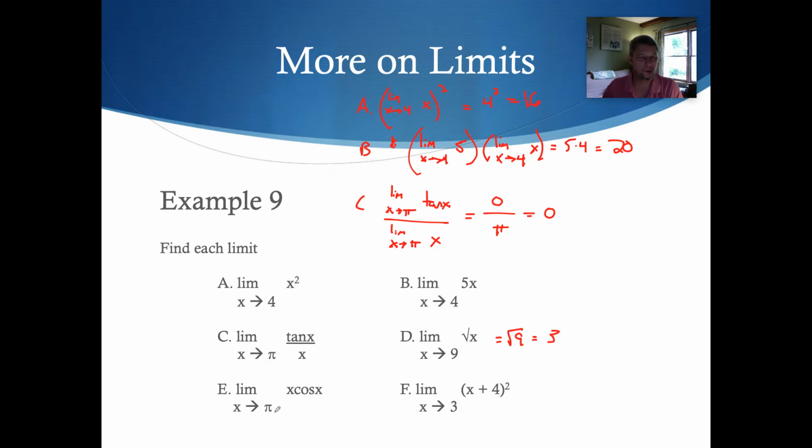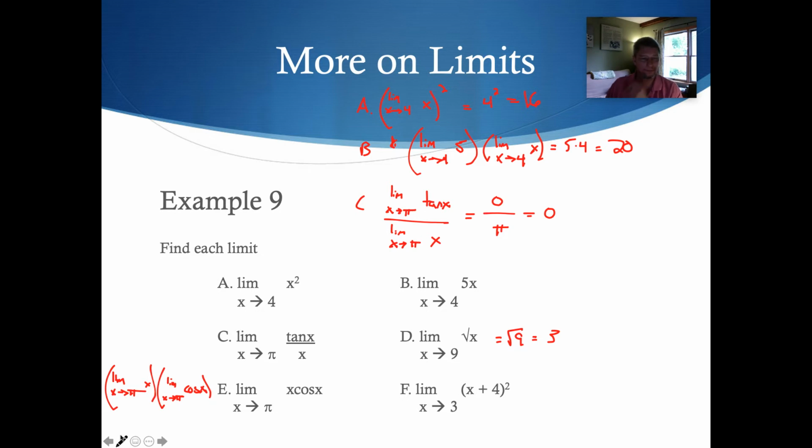So the limit as x approaches pi of x times the limit as x approaches pi of the cosine of x.